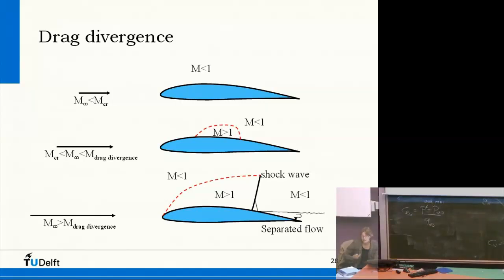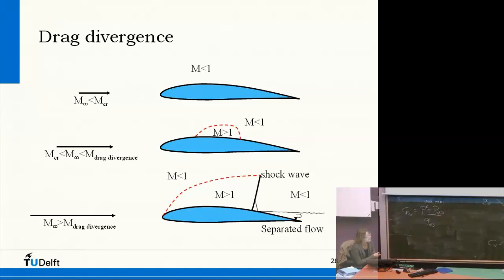But if I increase the Mach number further and further, I get a larger portion of supersonic flow, right? At some point, a very large portion, and the flow is slowing down with a shock wave, so a jump to subsonic flow behind the airfoil.